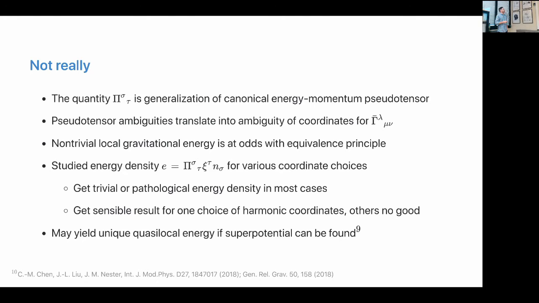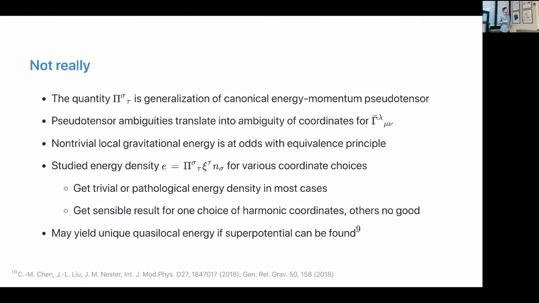And of course, there's also this argument that non-trivial local gravitational energy must be at odds with the equivalence principle, because you can always transform into a freely falling frame, and locally you don't see a gravitational field there. So anyway, those are some issues.